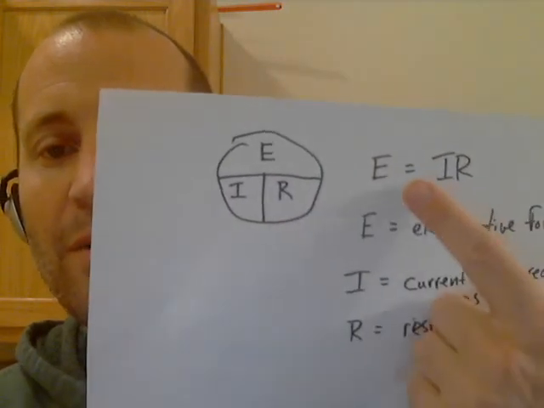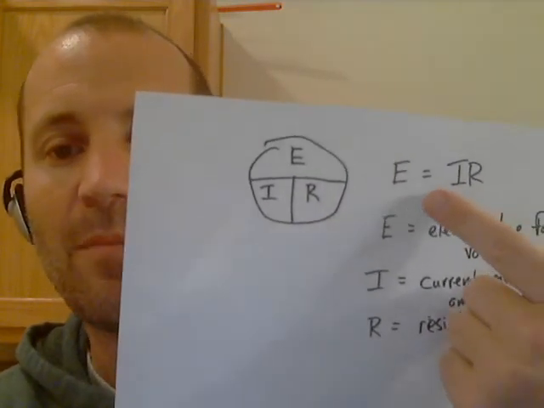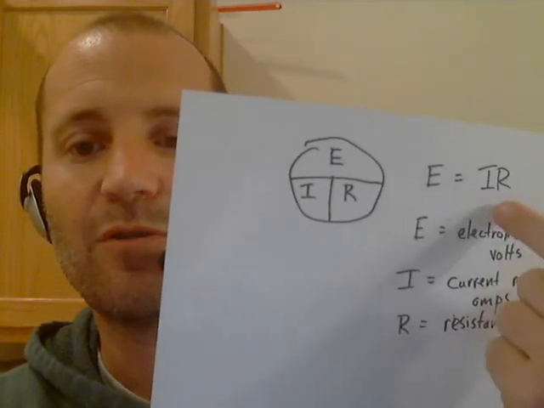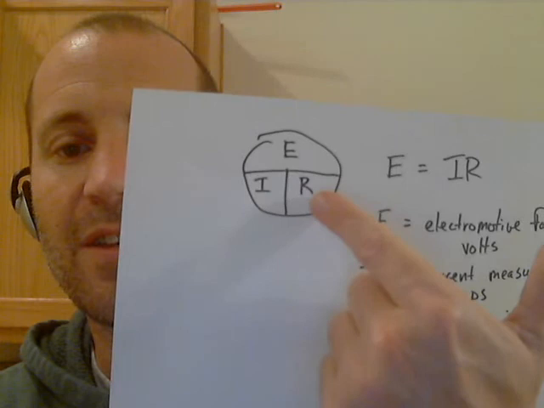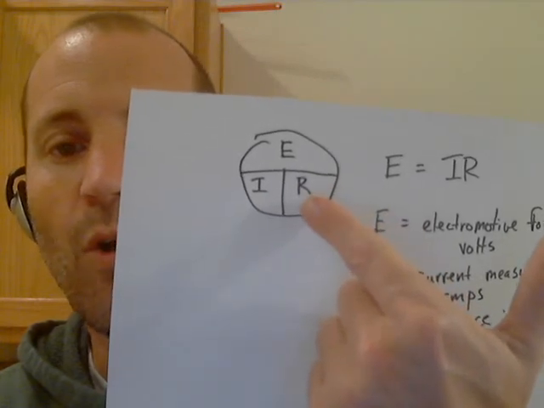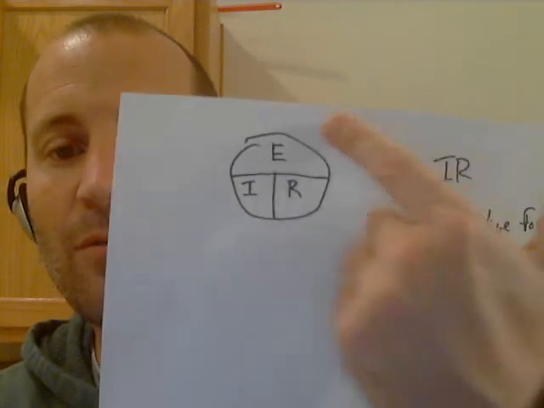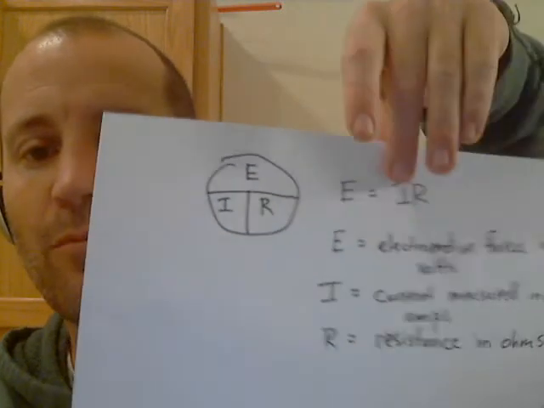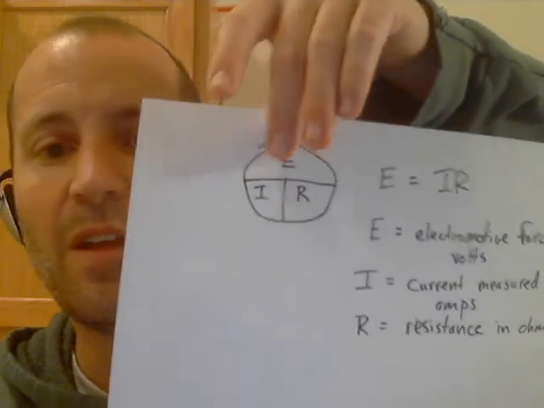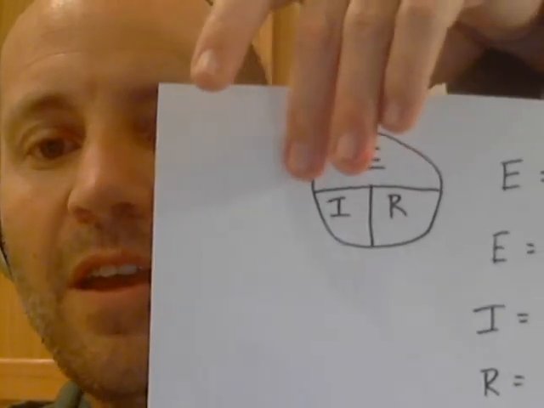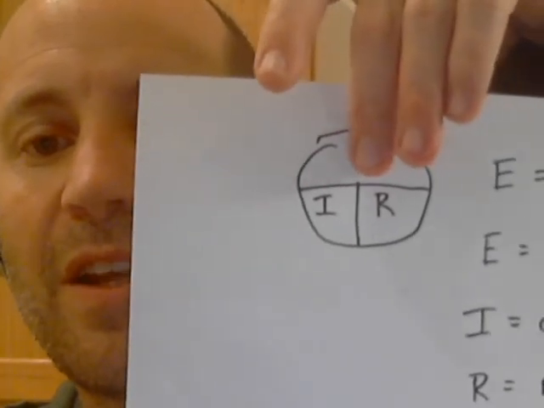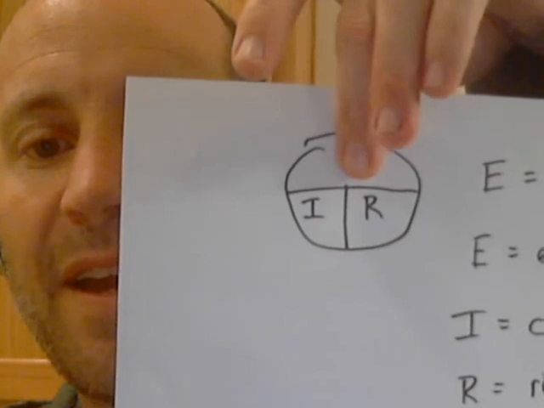Let's say that I know what the current flow is. I hook an ammeter up to my circuit and it tells me 2 amps are flowing. And I know the resistance. Let's say that it says 100 ohms, okay? But I don't know the source voltage. Well, one way that I can find that out is just to cover up the E, the unknown quantity, and then what I'm left with is what I need to do. I know the current is 2 amps.